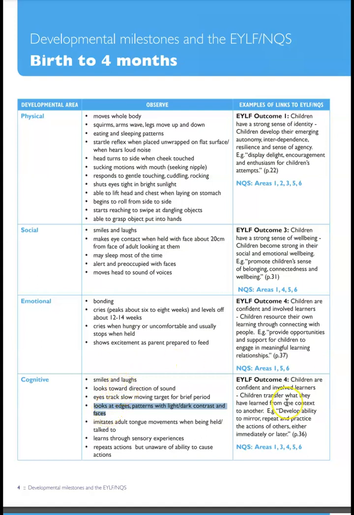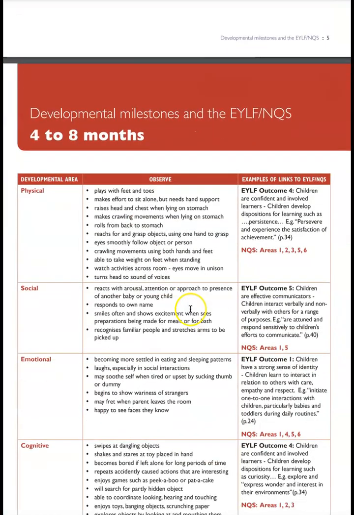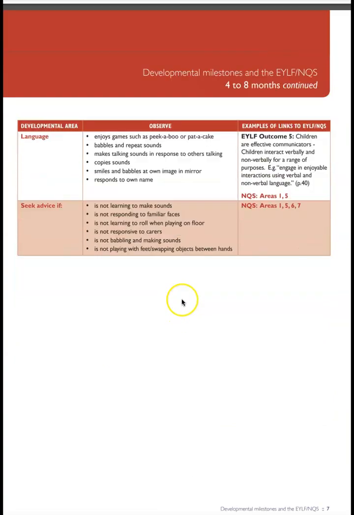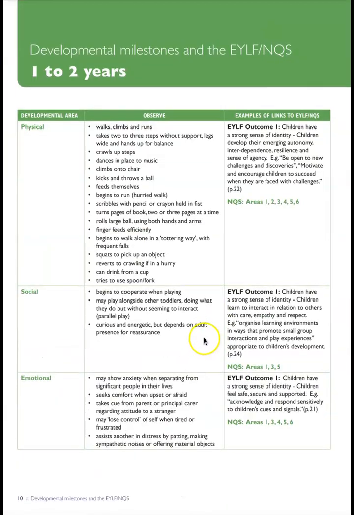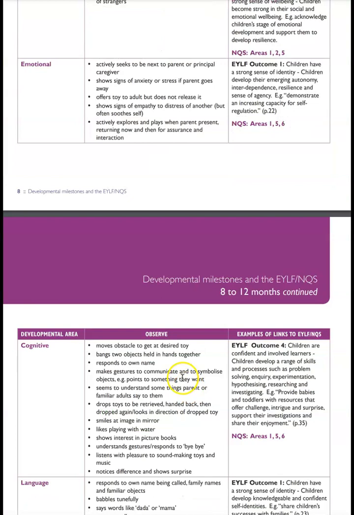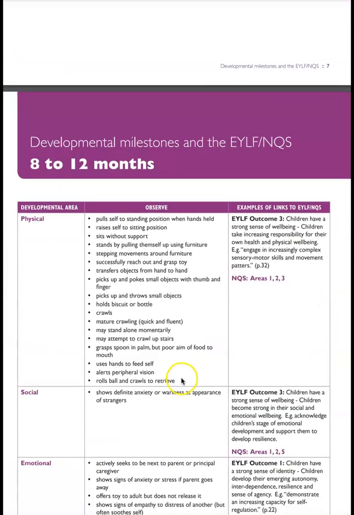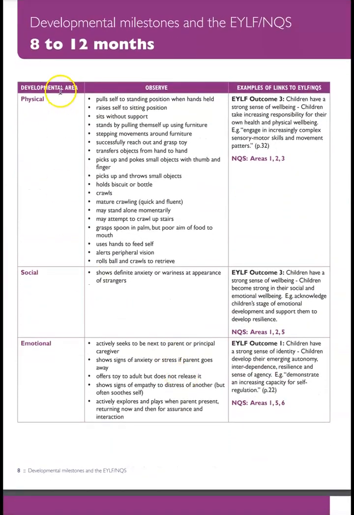in your observations. Now let's move on to another age group, just to show you how it could be done as well. Let's say we will look at toddlers, or let's say a 10 months old child. So here, I will show you not just the developmental areas. There would be different milestones because children start to pull themselves to a standing position.